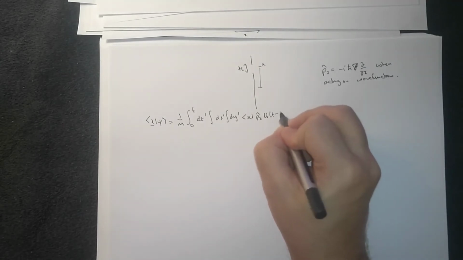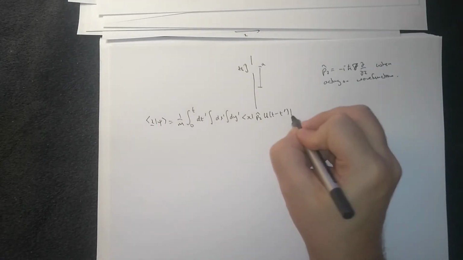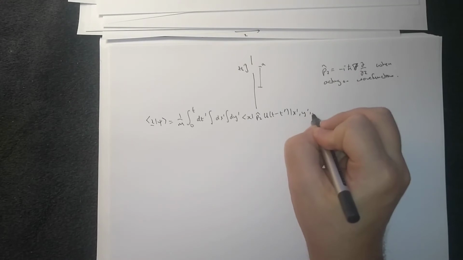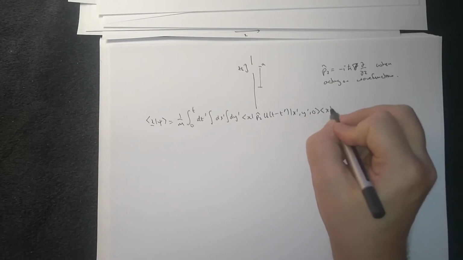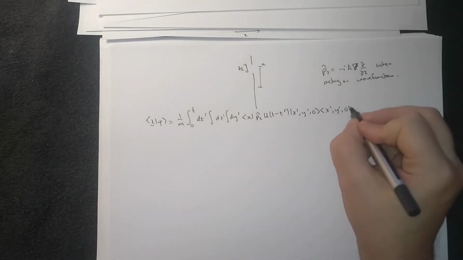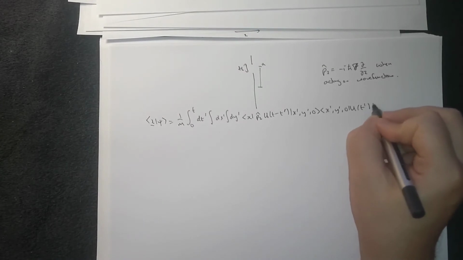U of t minus t primed, x primed y primed 0, x prime y prime 0, u of t primed psi.